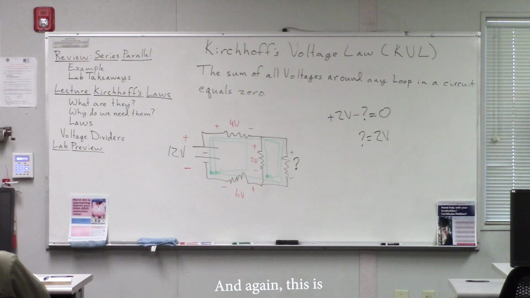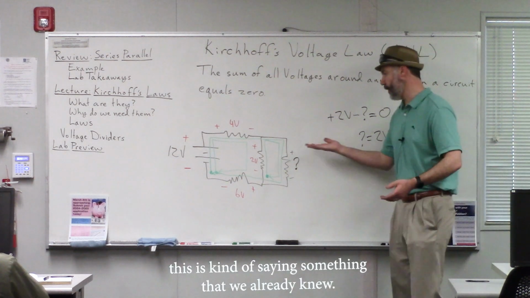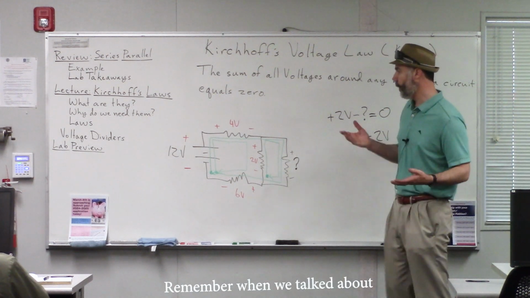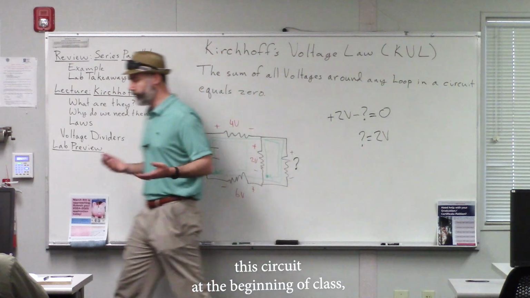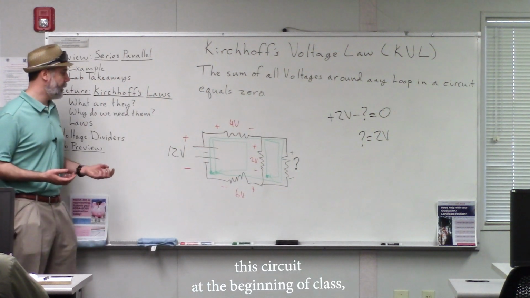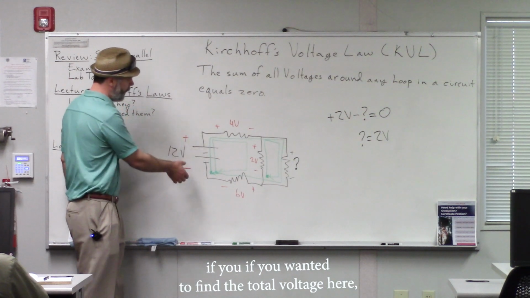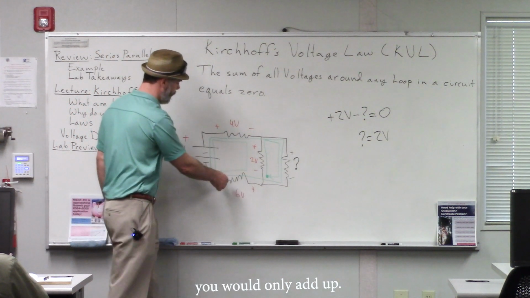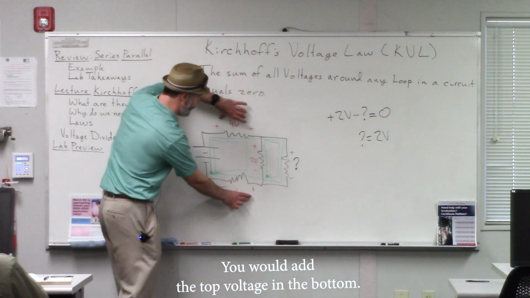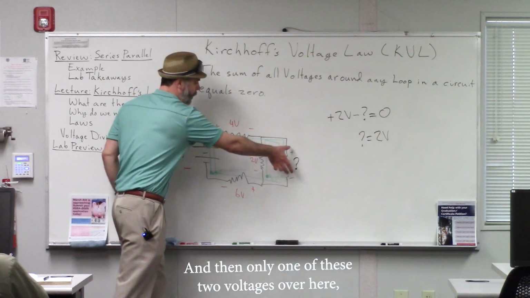And again, this is kind of saying something that we already knew. Remember when we talked about this circuit at the beginning of class, we said that if you wanted to find the total voltage here, you would add the top voltage and the bottom, and then only one of these 2 voltages over here.